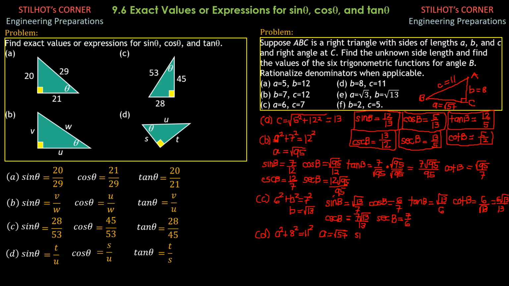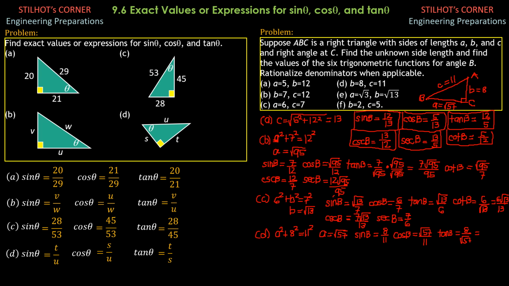So sine of B is opposite of B, 8 over hypotenuse 11. Cosine of B is adjacent, square root of 57 over hypotenuse 11. Tangent of B is opposite, 8 over adjacent, square root of 57.